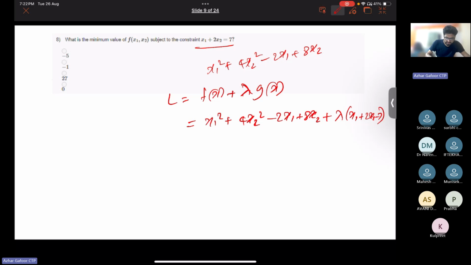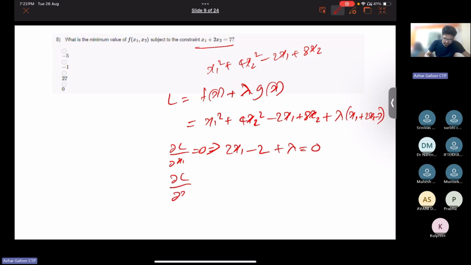Now let's take the derivative. If you take the derivative, we get ∂L/∂x1 = 0, which implies 2x1 minus 2 plus lambda equal to 0.